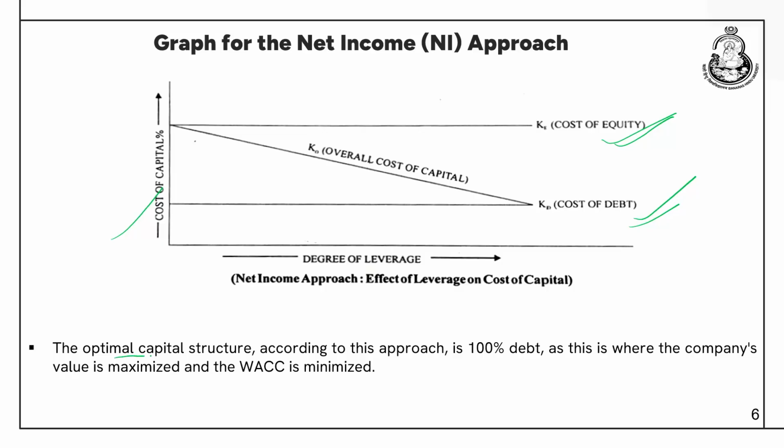So, the optimal capital structure according to this theory is 100% debt, as this is where the company's value is maximized and the weighted average cost of capital is minimized. So, the company, as per this theory, as per the net income approach, should try to use as much debt as possible to increase the market value of the firm and decrease the overall cost of capital.